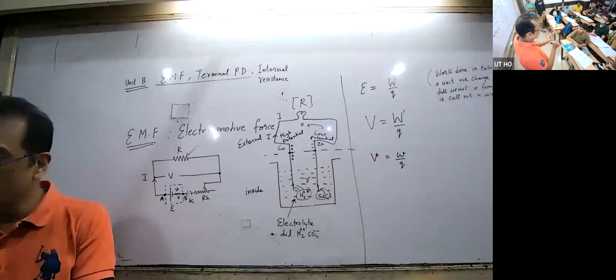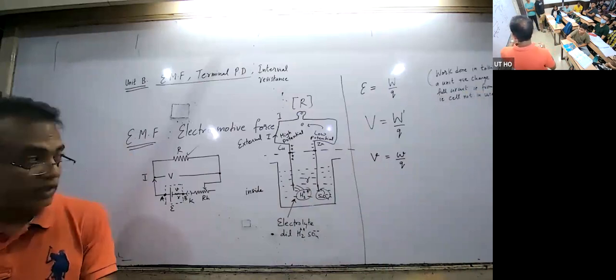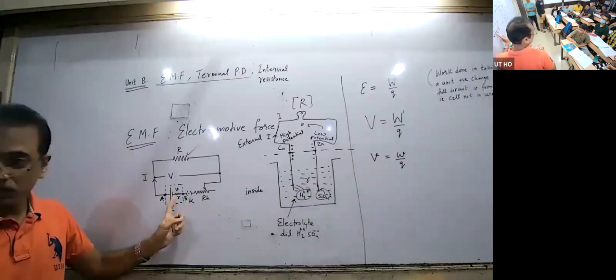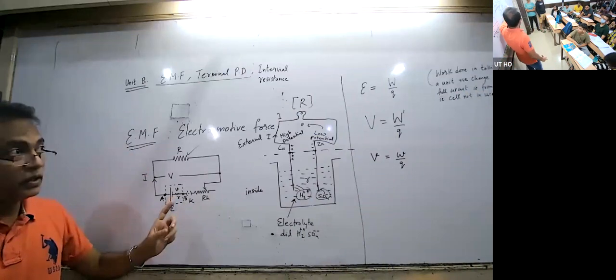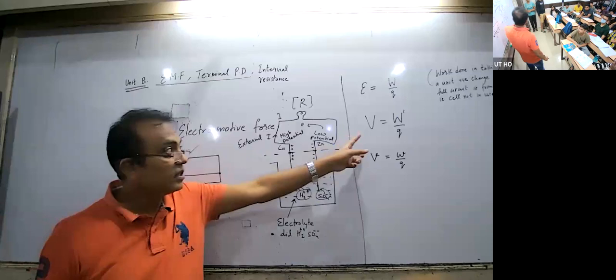So this is a theoretical concept. You will never get the potential difference between the terminals of the cell equal to EMF, because once the current is passing, some of the energy will drop inside. So it is the terminal potential difference which is of practical importance. You got it? So what is this?